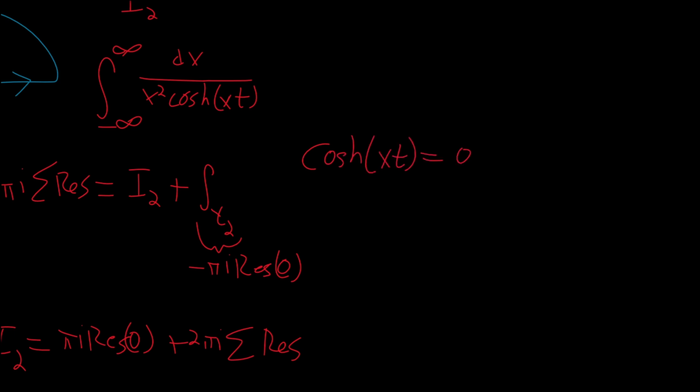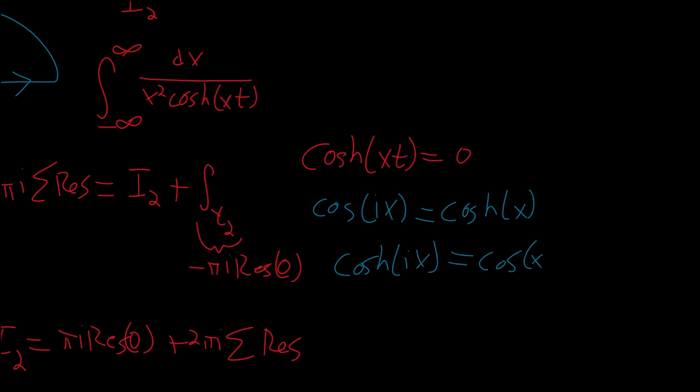One way we can do this is multiply the top and bottom of xt by i and make use of the following identity, namely that cosine of ix is just equal to hyperbolic cosine. And by virtue of this being an even function, hyperbolic cosine of ix is just equal to cosine itself. You can prove this for yourself if you'd like.